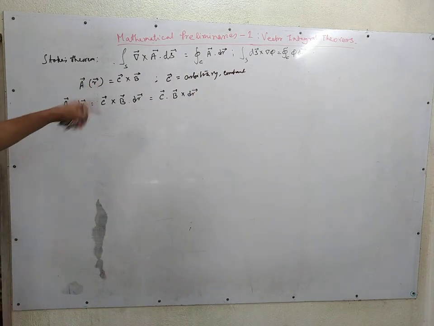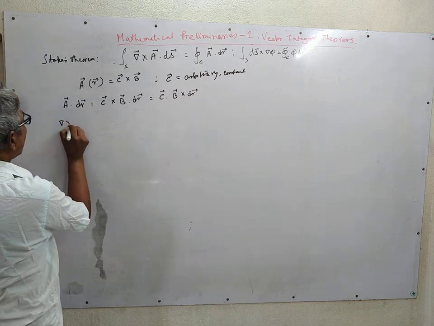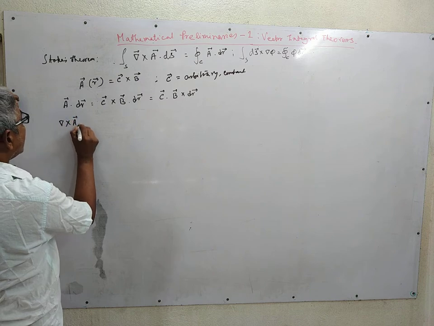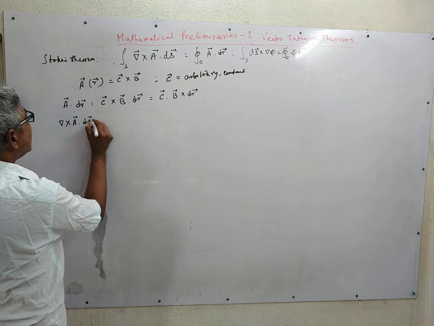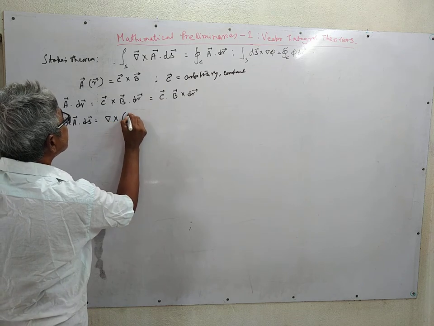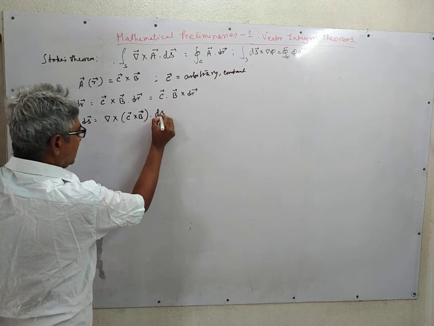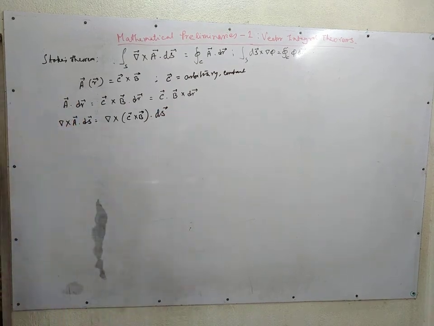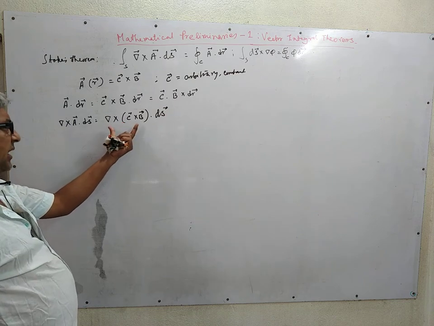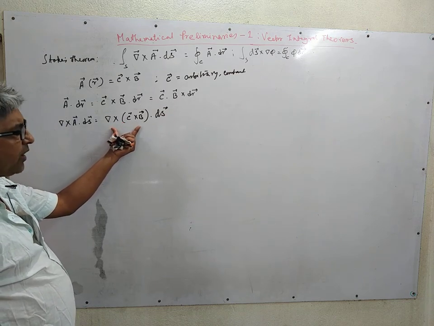Now the quantity on the left hand side, curl of A dot ds, is curl of C cross B dot ds. This involves a mathematical vector identity which involves 4 terms.